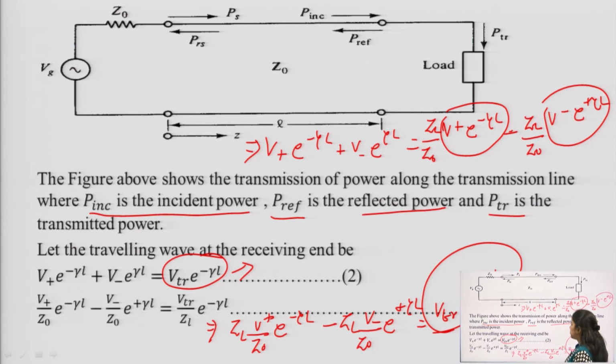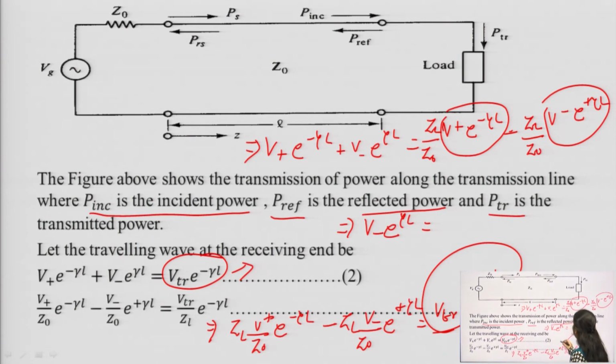So, from this expression, we can have the value of V minus e to the power gamma L in terms of V plus, and when we substitute that back into equation 2, we will get the value of VTR upon V plus.